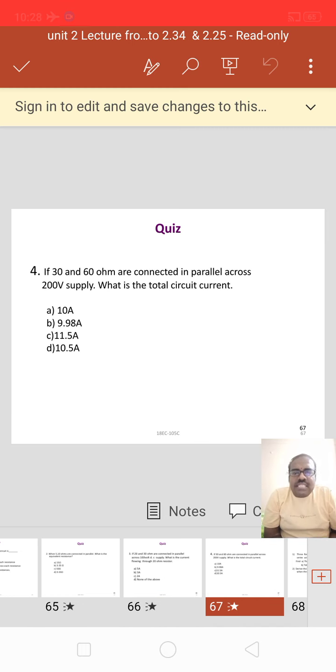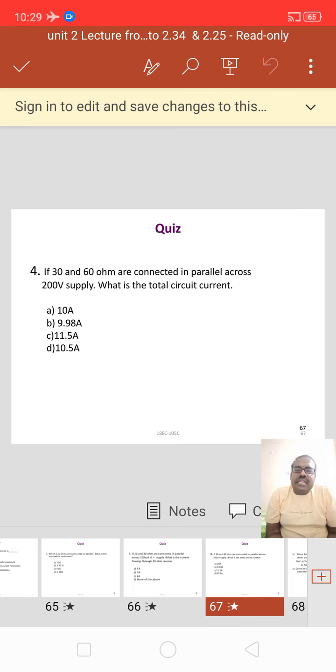If 30 and 60 ohms are connected in parallel across a 200 volt supply, what is the total circuit current? A 10 amperes, B 9.98 amperes, C 11.5 amperes, D 10.5 amperes. 30 and 60 ohms are connected in parallel across 200 volt supply. We want to find out the total current IT.